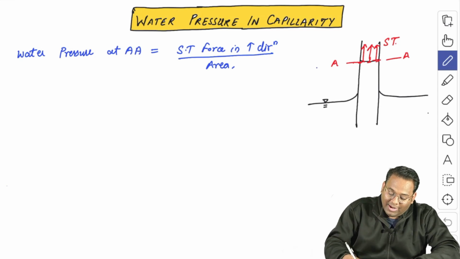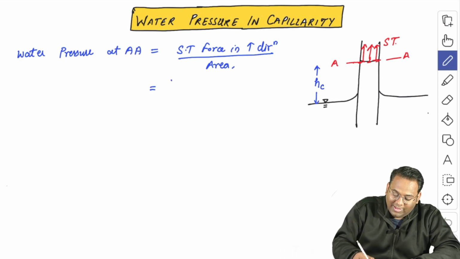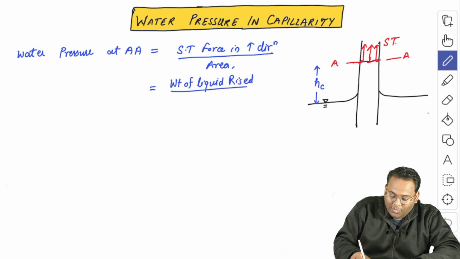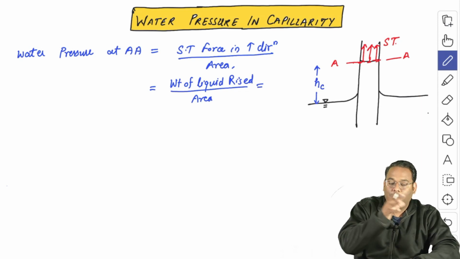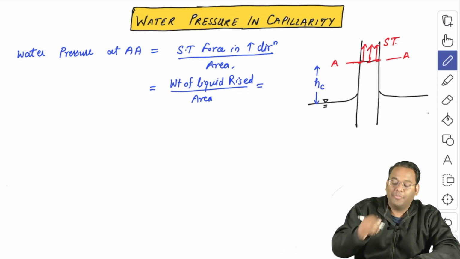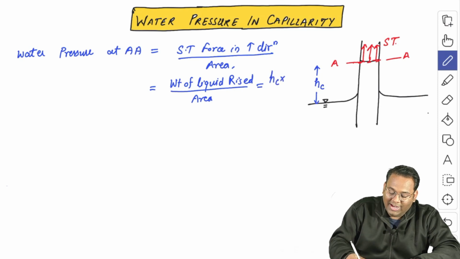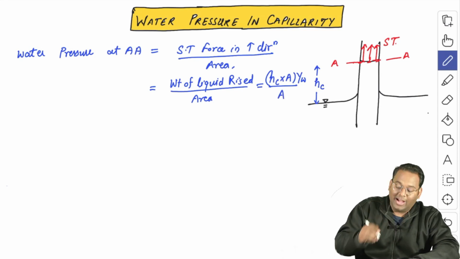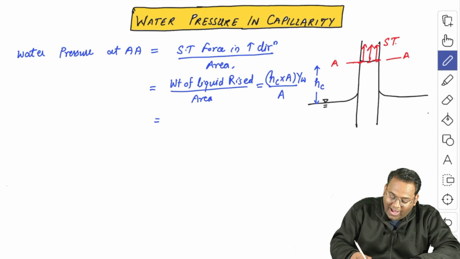So if the height of rise is hc, it will be the weight of liquid raised divided by the area of the tube. What is the weight? It can be written as hc into area of the tube into gamma w. Dividing again by area, you get the value hc into gamma w.